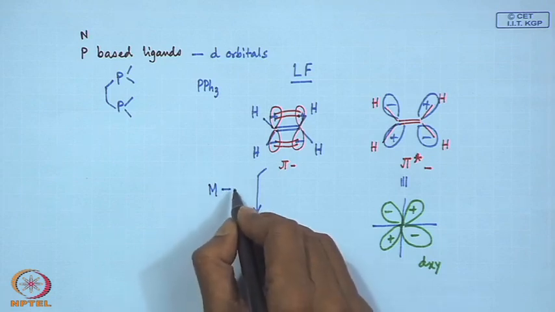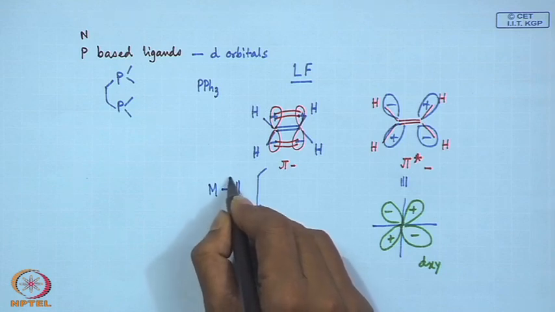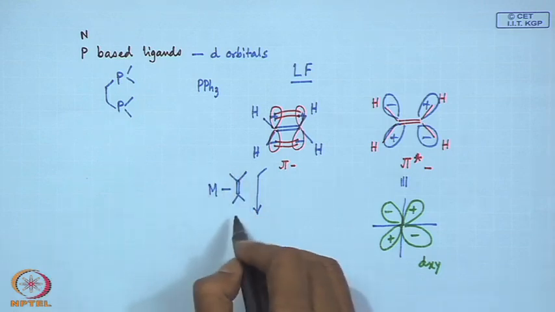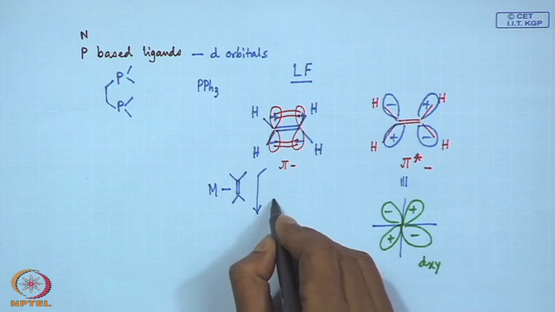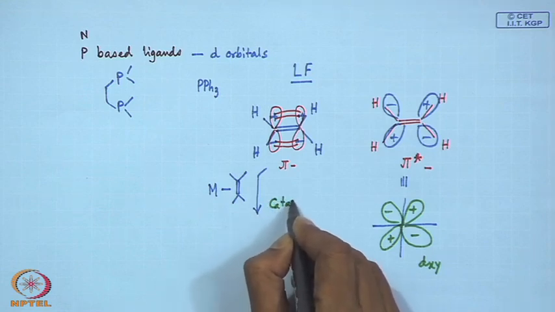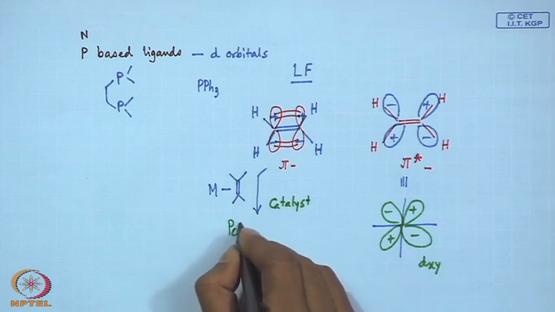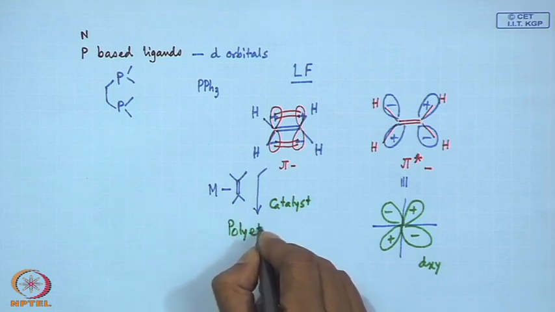So, we can have the metal interacting with the ligand as the ethylene backbone, and when it is functioning as a catalyst it can give rise to polyethylene.